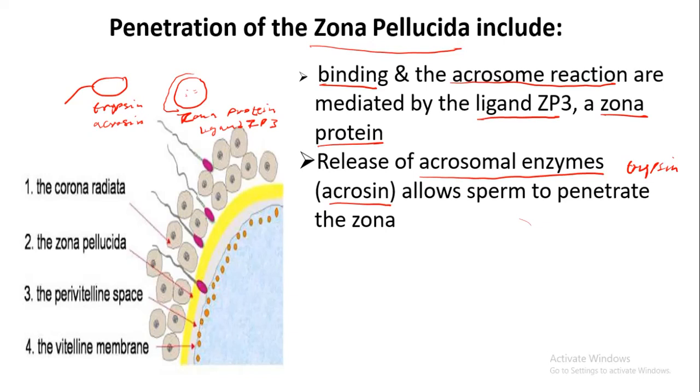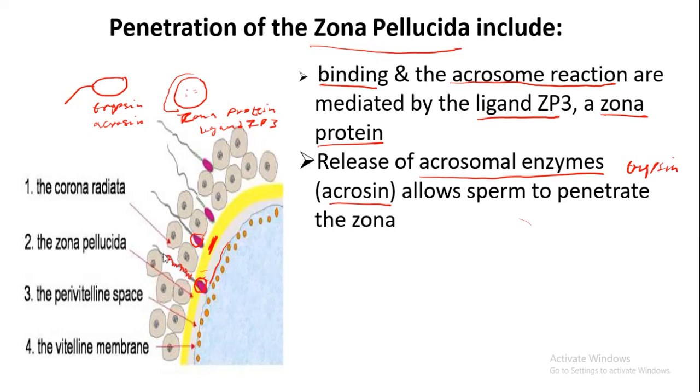Now, after that, this sperm is wanting to penetrate. After it passes through this zona pellucida, it now has to penetrate and touch the membrane. What's going to happen here? It has touched the membrane. Look at that tail.